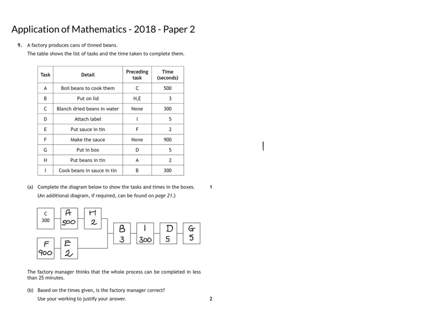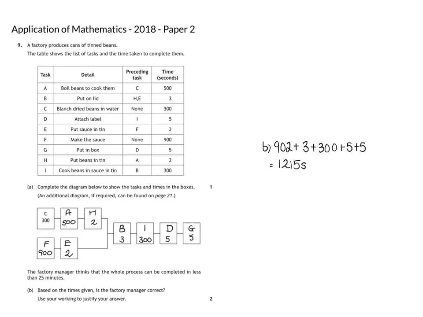So for part B, we've got our 902 seconds, and then we've got our other parts, so we've got our 3 and our 300, our 5 and our 5. When we add all those up together, we get that this task is going to take a total of 1,215 seconds.